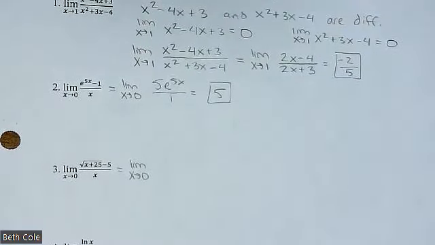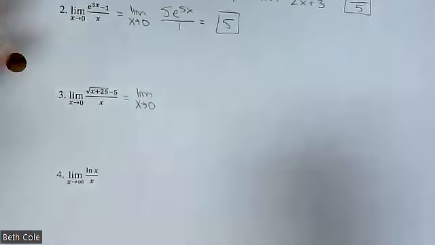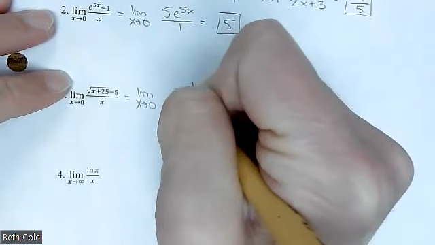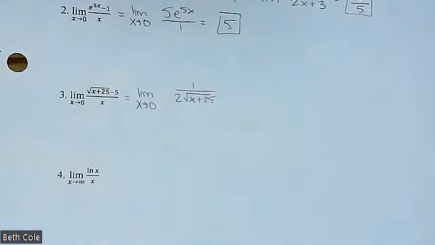All right. If you memorize the derivative of square root, it will make your life so much easier. So what is the derivative of square root? Good. Now it's of that stuff. So it's going to be 1 over 2 square root of x plus 25. Now, technically, there's a chain rule, but what is the derivative of x plus 25? It's just 1.